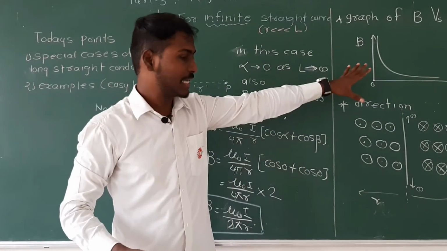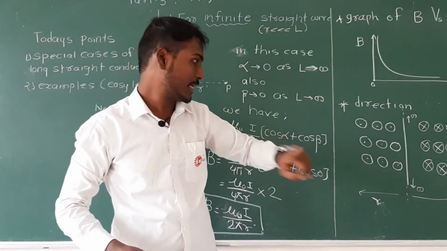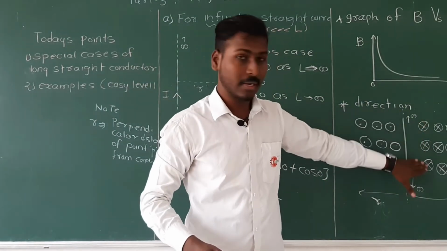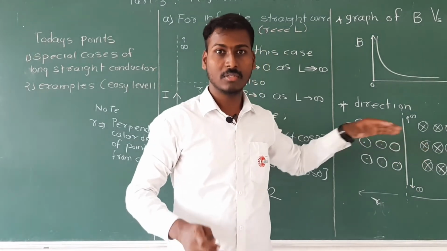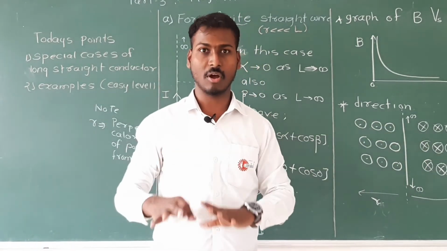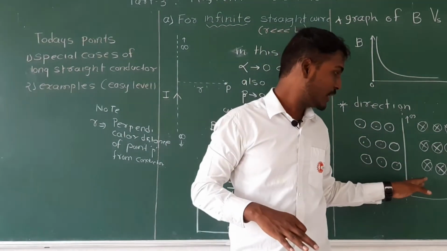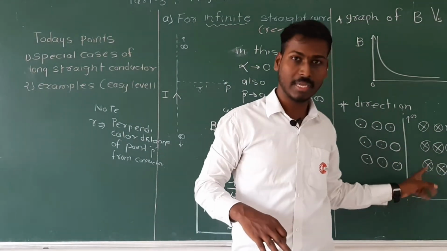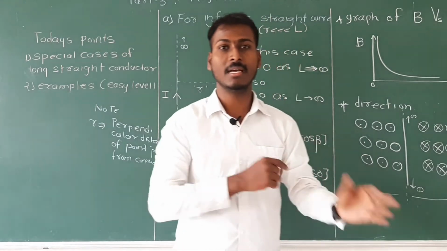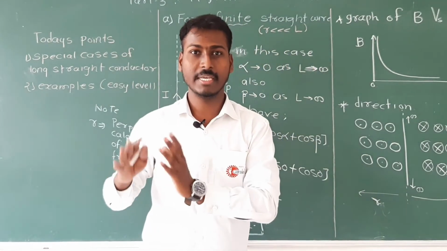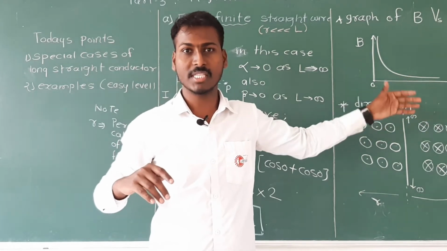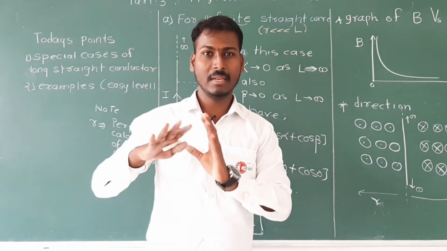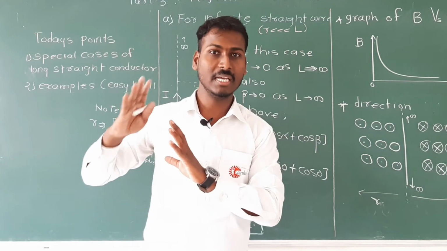So by this graph also we can conclude one thing, that at this region magnetic field r is small, so definitely magnetic field will be strong. As we are going away from this conductor, magnetic field will decrease. That means the region away from that long straight conductor will have very less amount of magnetic field lines.